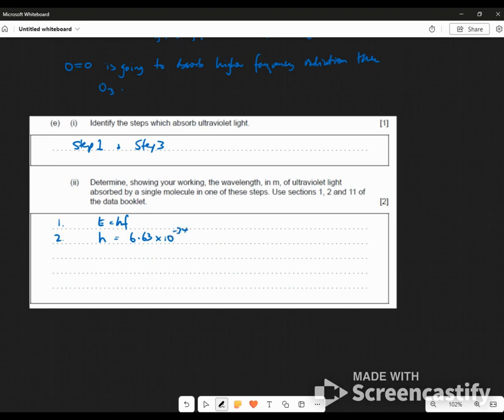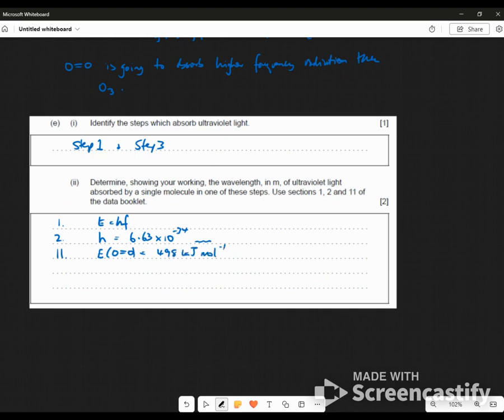You can look up the units yourself. Section 11 of the data booklet gives us the bond energy of an O2 molecule. So the bond energy of O=O is equal to 498 kilojoules per mole.